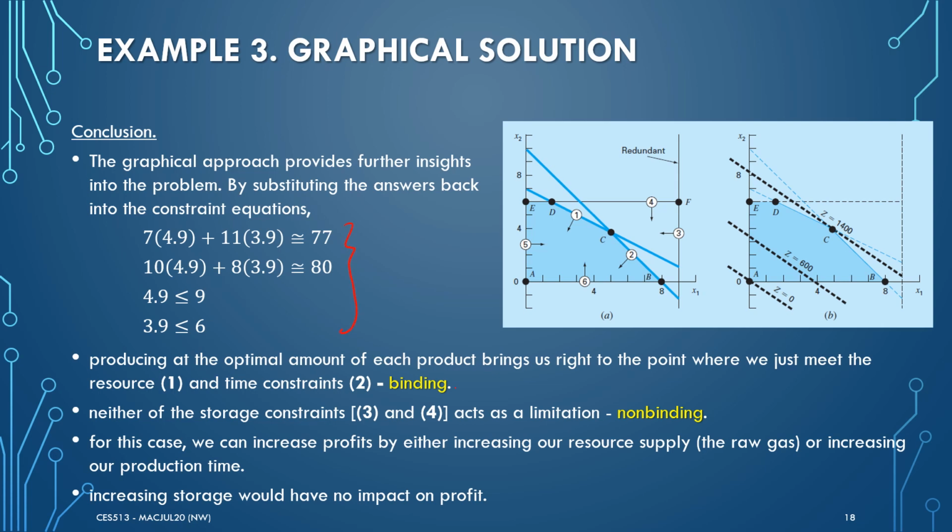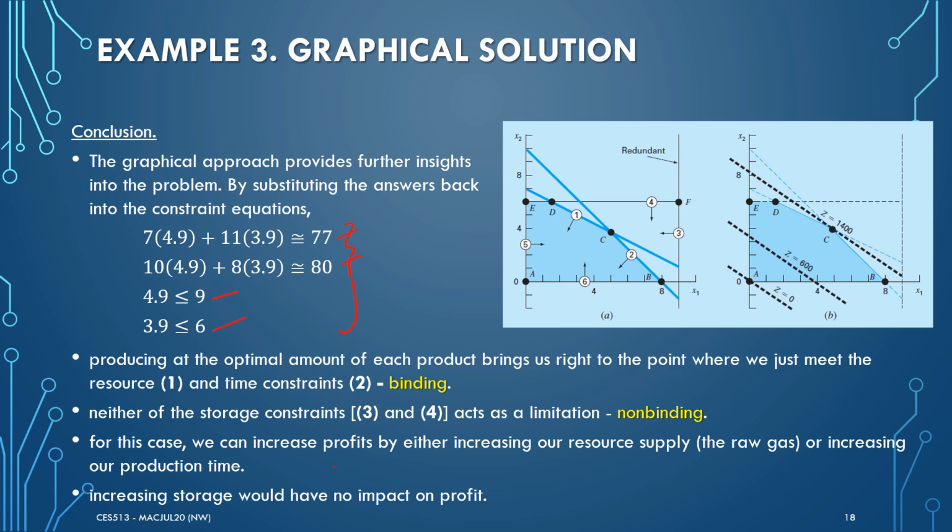Okay, so if we substitute back the values x1 = 4.9 and x2 = 3.9, we get values of approximately 77 and 80 as shown here. And if we check back with these limitations, x1, which is 4.9, is less than 9, and x2, which is 3.9, is less than 6.